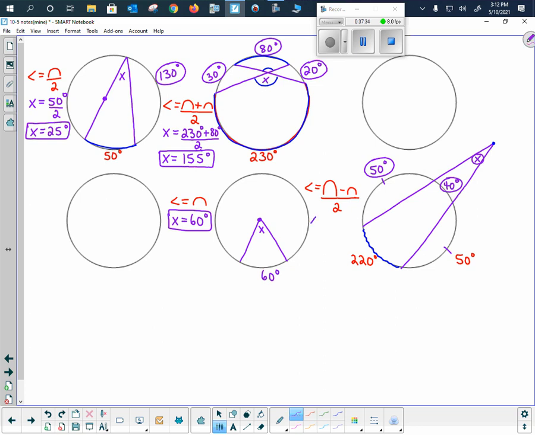So the angle, which is x, equals the big arc, which is 220 degrees, minus the small arc of 40 degrees, all over 2. And x will equal, order of operations matters, make sure you do 220 minus 40, push equals to get the 180, and then divide by 2 to get the 90 degrees. So x equals 90 degrees.